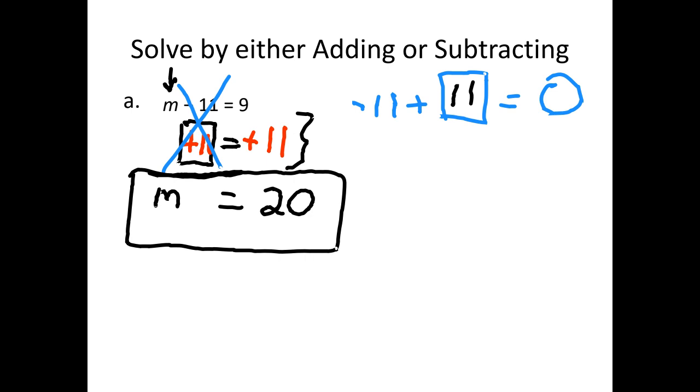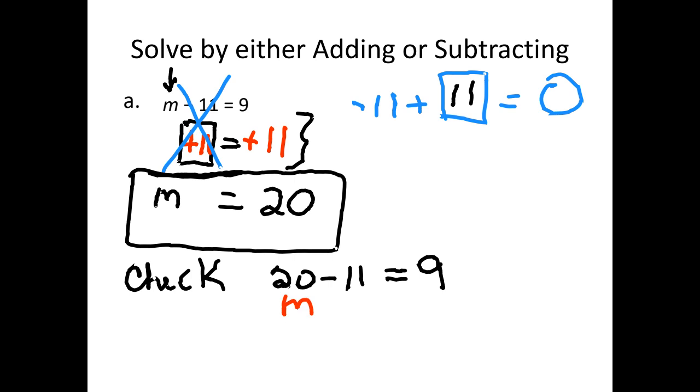Now, I want to show you that sometimes they're going to ask you to check. Well, what that's saying is we are going to take this value 20 minus 11, and it better equal 9. This was my m that I had in the original equation.